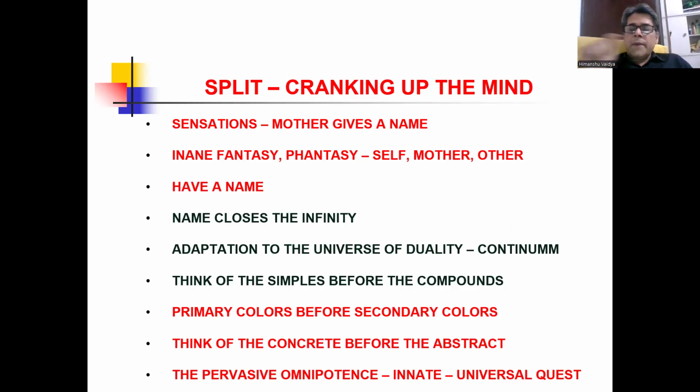So when the split operates, the feelings, the affects which are experienced, the thoughts which come, they are all too much, too overwhelming for the child till the mother gives them a name.